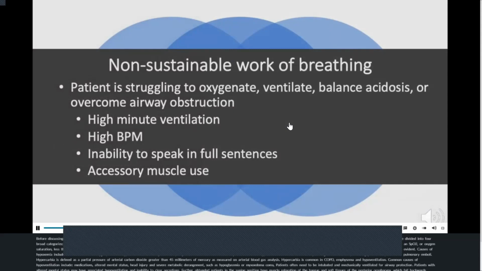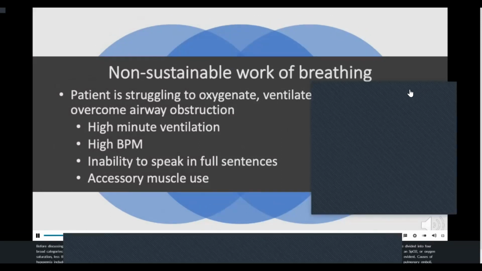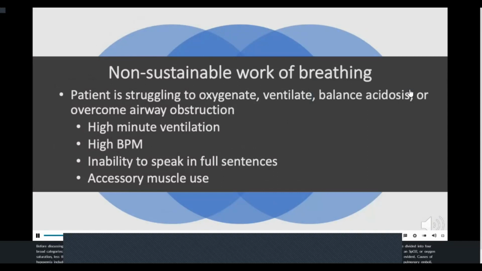Patients with a non-sustainable work of breathing may need to be intubated and mechanically ventilated. Patients struggling to oxygenate, ventilate, balance a metabolic acidosis, or overcome airway obstruction should be considered for mechanical ventilation. Struggling patients demonstrate any or all of the following: a high minute ventilation with an increased number of breaths per minute, an inability to speak in full sentences, and obvious accessory muscle use.